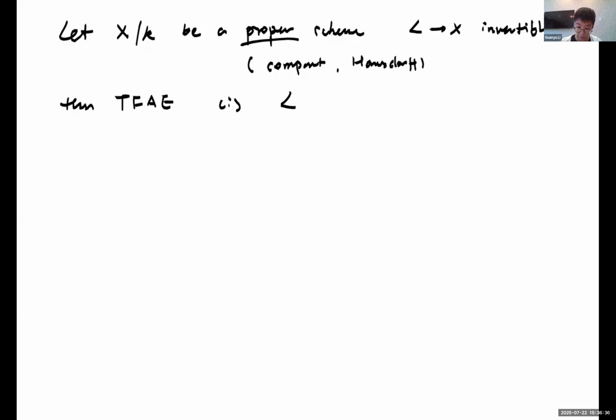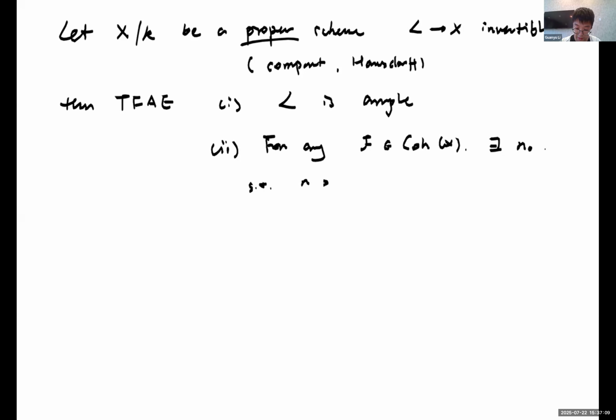The first one is L is ample. Second, for any coherent sheaf F over X, there exists a number n0 depending on F, such that for any n bigger than n0, the higher cohomology of X, twisted by L n many times, this cohomology is 0.